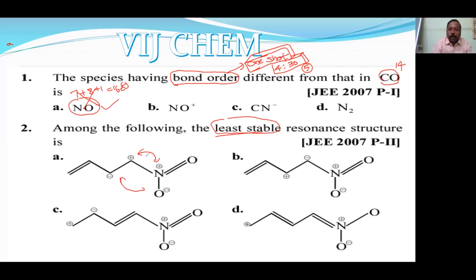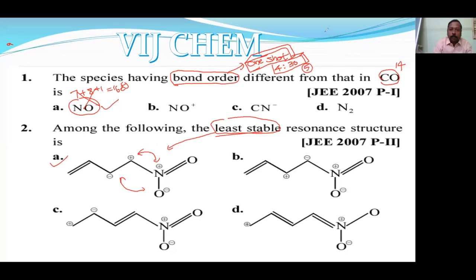Because of that, repulsion will be more, and once repulsion is more, stability will be less. So the answer to this question is option A. Try to write the reason: similar charges are in close proximity, therefore it is least stable. Note it down with the reason.